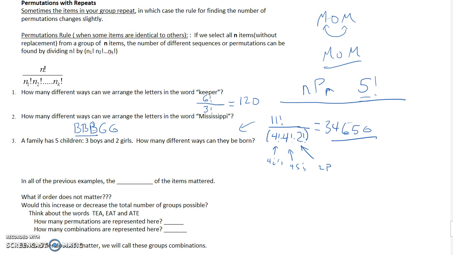Let's start with how many letters I have here. I have a total of 5 letters, right? We have 5 children here, 5 letters, and then we're going to divide by how many repeats. I need parentheses because there are multiple repeats. How many B's? There are 3 B's, so we divide that by 3 factorial times how many G's? There are 2 factorial because there are 2 girls.